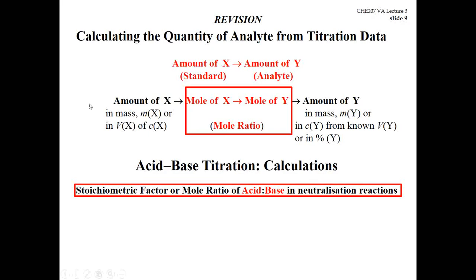Now, for acid and base titration, I would like to stress that the mole ratio we use is between acid and base from the neutralization reaction, not from H+ and OH-.